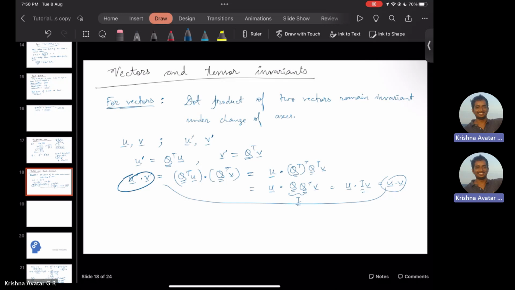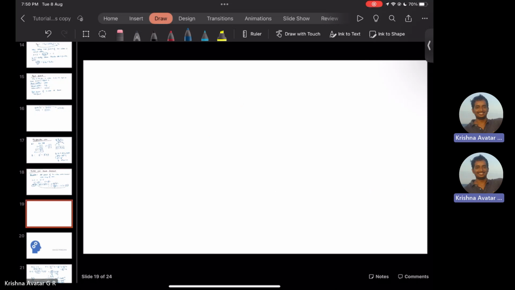Okay. Likewise, there are some invariants for tensors. Given a tensor A, there are certain invariants associated with it.